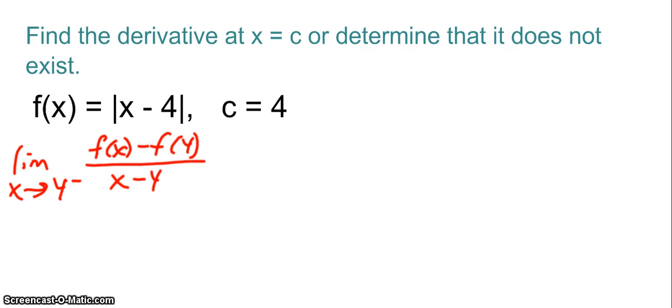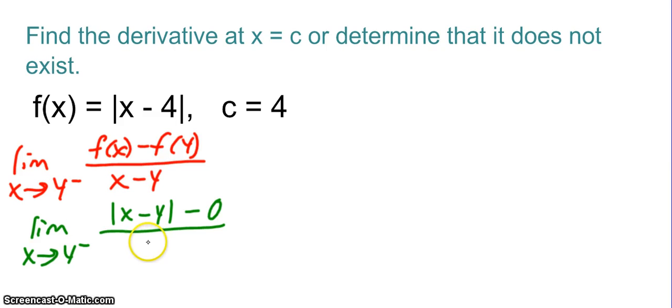And I know that this is the limit as x goes to 4 from the left of the absolute value of x minus 4 minus 0 over x minus 4. Now, the 0 is because f of 4 is 0. And we have seen this in the last unit. I know what this function looks like. And so I know that the limit as x goes to 4 from the left of this function is negative 1.